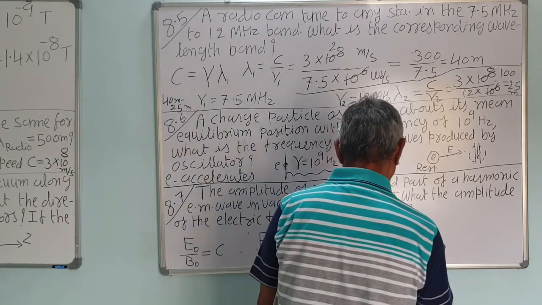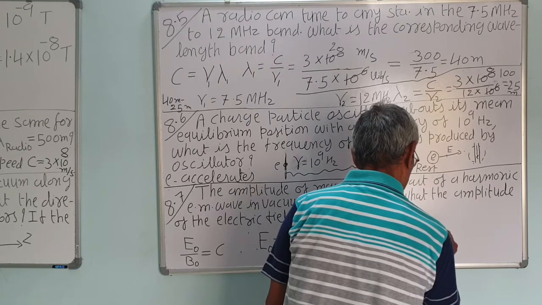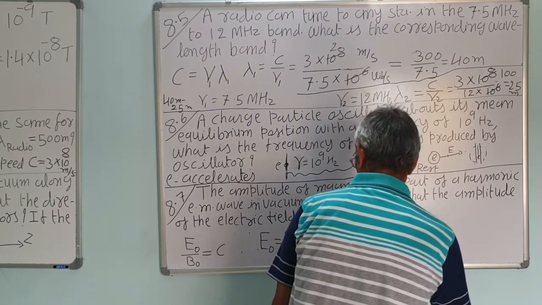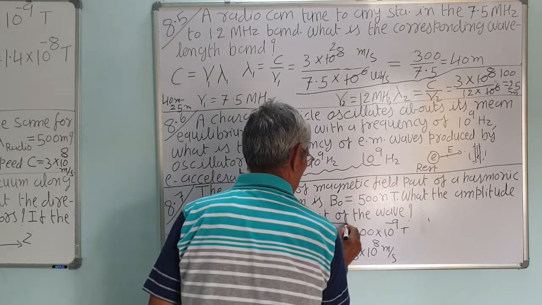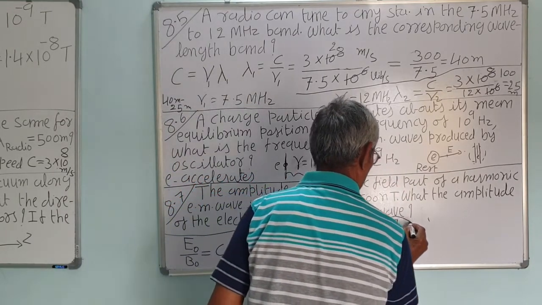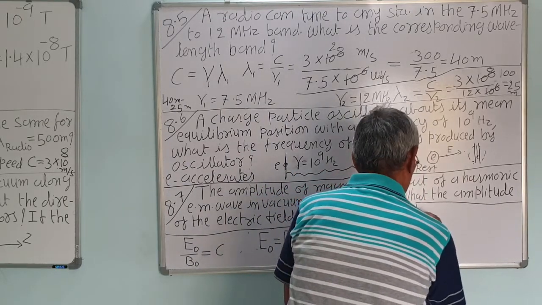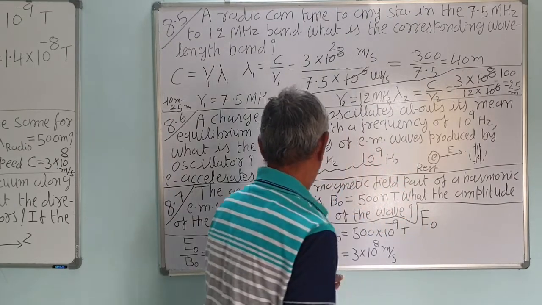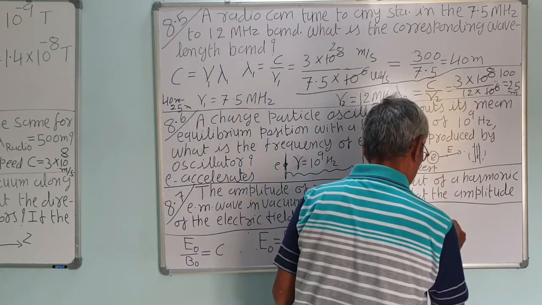So what is E0? Therefore E0 is equal to c times B0, that is 500 nanotesla.